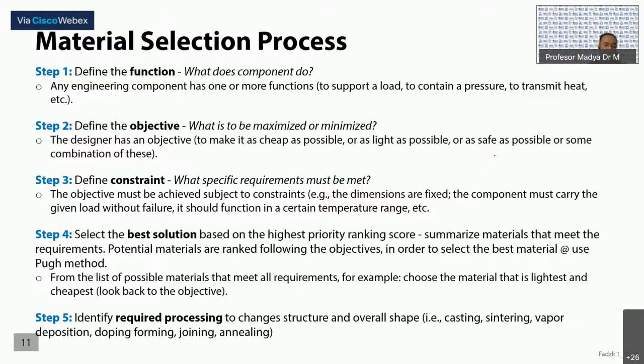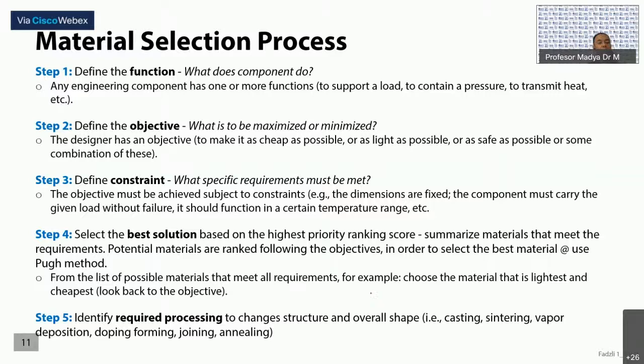Maksudnya, bila you dah tahu contoh kerusi tadi, function dia untuk support load, and then you nak tahu your objective untuk kerusi tadi, mungkin you nak yang murah, ataupun you nak yang ringan, ataupun you nak yang safe lah. Safe maksudnya tak terbalik ke apa kan. Maksudnya kalau terlalu ringan kan terjatuh lah pula. So that, mungkin ataupun combination.